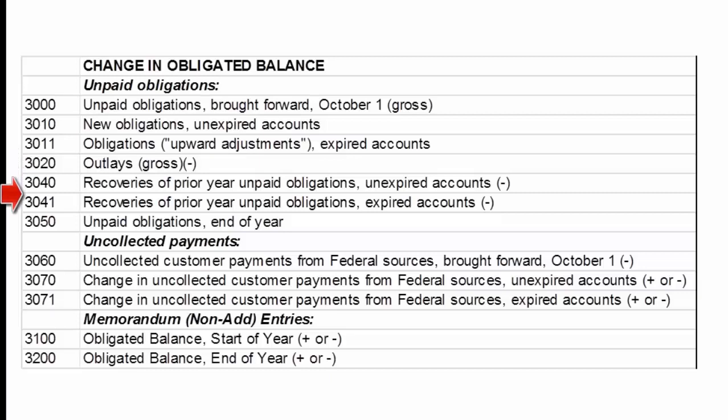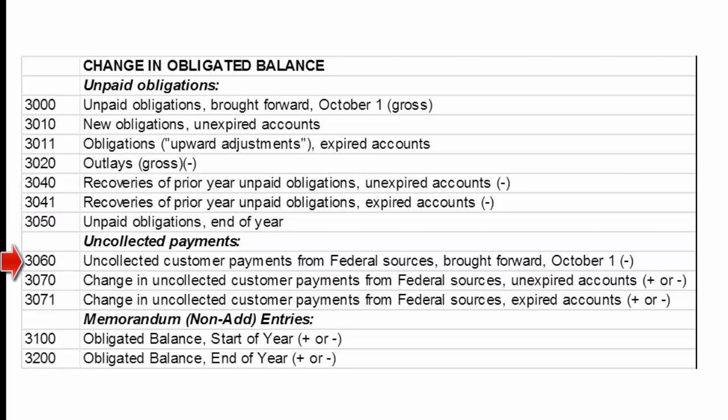Lines 3040 and 3041 reflect any recoveries of prior year obligations from unexpired or expired accounts. If obligations are recovered, that is, de-obligated, then that would affect the amount of unpaid obligations left.